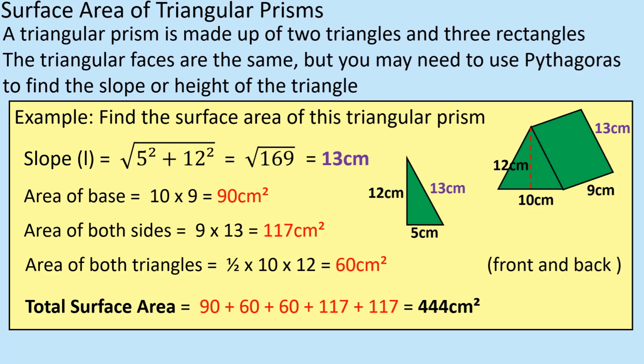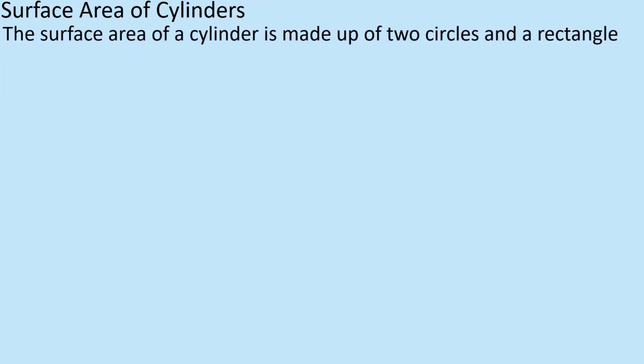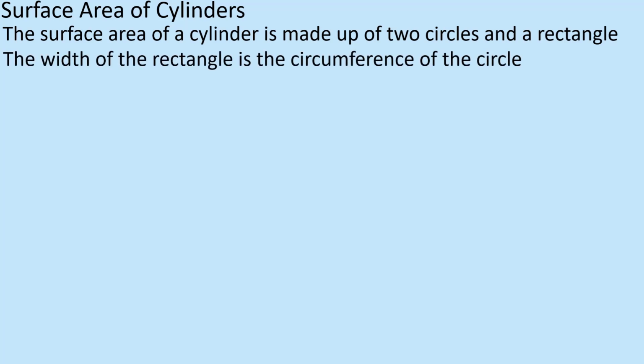Okay, so let's look at cylinders. I said I was going to do this one as well, so obviously we are. Surface area of a cylinder, and if you've looked at the lesson on nets, I've mentioned how a cylinder is put together. A cylinder is put together with two circles and a rectangle. The width of the rectangle is the circumference, and the height of the rectangle is the height of the cylinder.